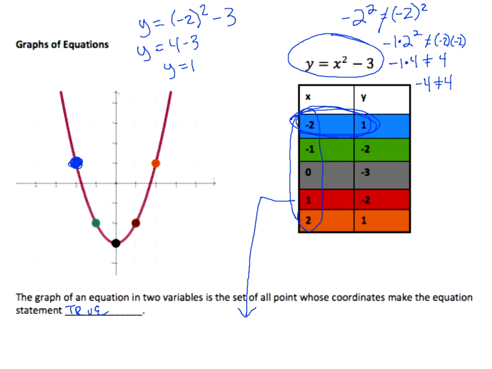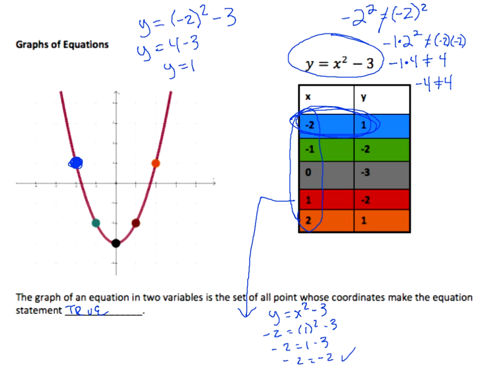So let's see how that works out here. So I'm using the point 1, -2. My function is y equals x squared minus 3. So I'm going to plug in -2 for y and 1 for x. -2 equals 1 squared is 1 minus 3. -2 equals -2.